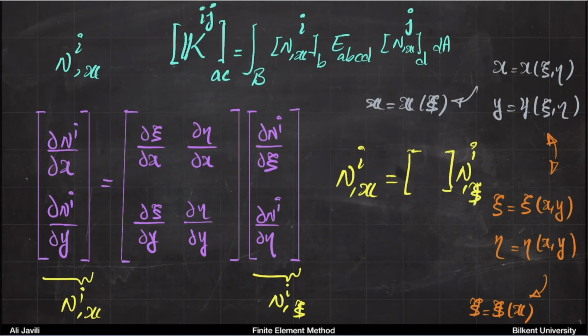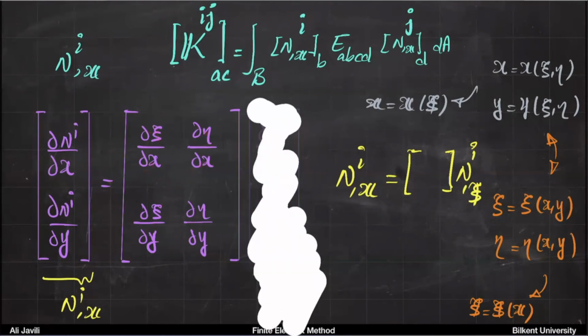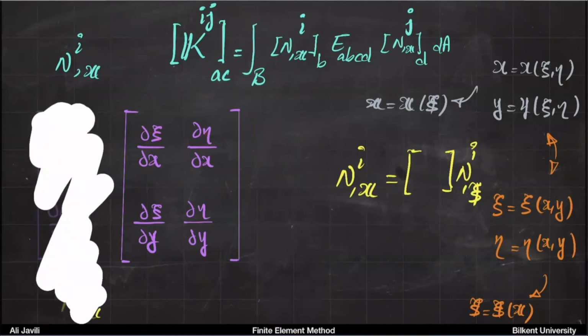Okay, so let's see what would be a good name for that matrix now. We want to give it a name. If I look at the components of that, you see, it's derivative of ξ with respect to x, derivative of η with respect to x. So if it was the opposite of that, so if it was derivative of ξ with respect to x and derivative of ξ with respect to y, that would be a nice matrix. I mean, that would be more familiar to us. So let me just write the familiar form and see if we can connect these two together.